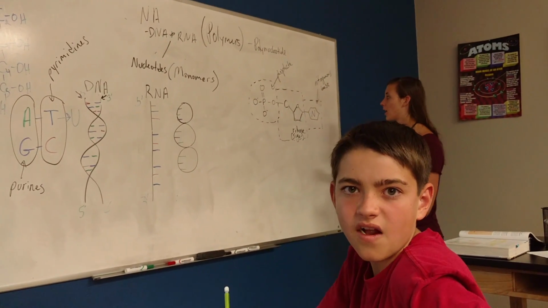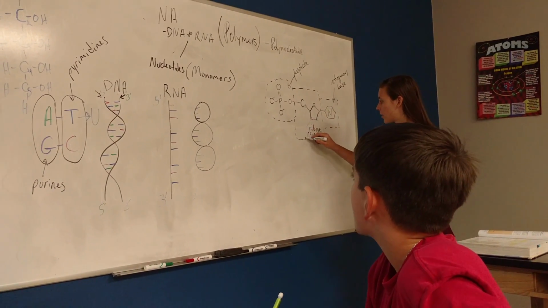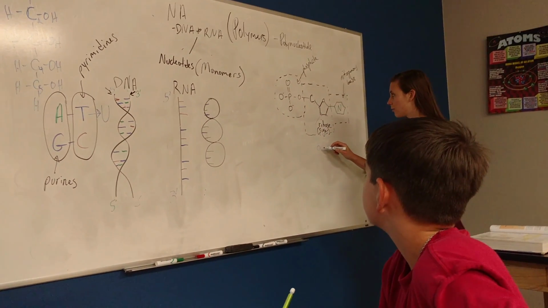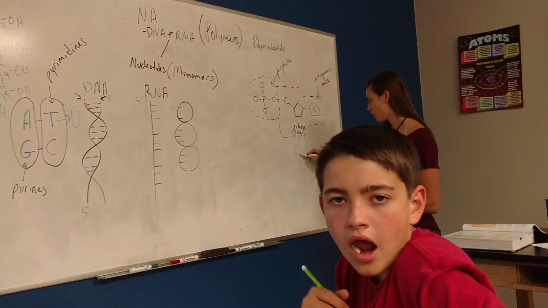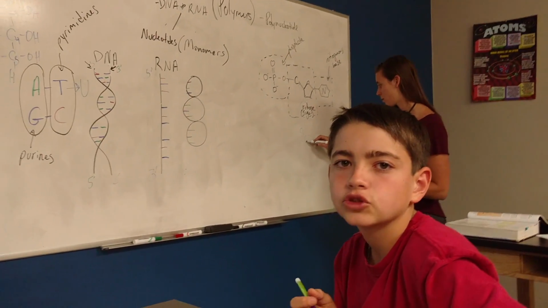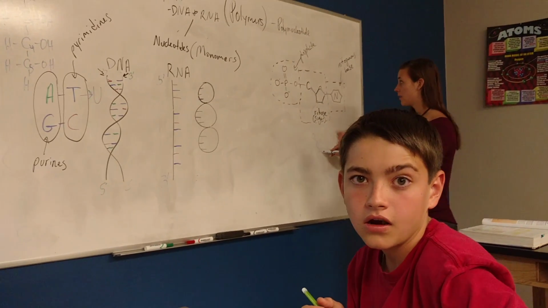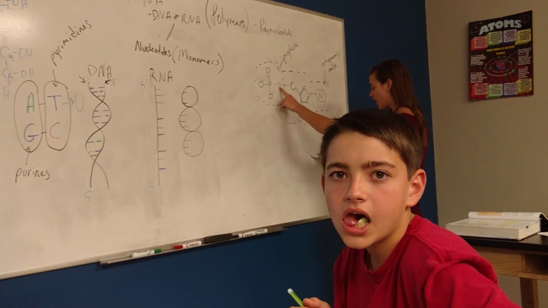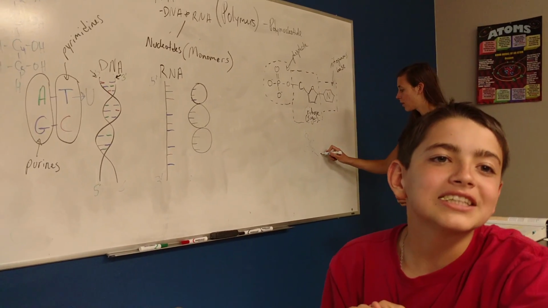So here, on this carbon, I'm just going to draw it here, we would have another phosphate group, and then that is going to be attached just like this to our next nucleic acid's 5th carbon.